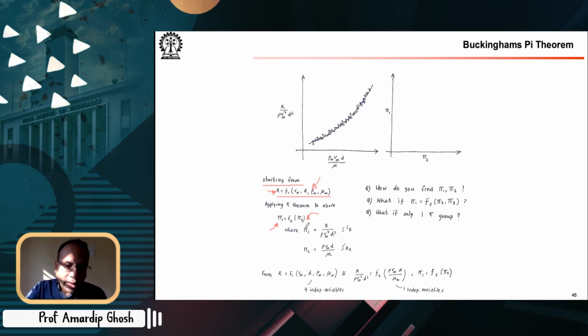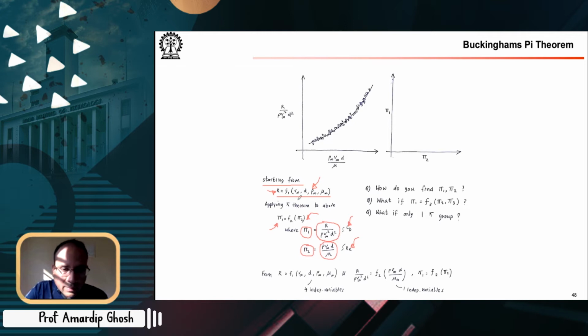And it can be shown from Buckingham's Pi theorem analysis that pi1 is nothing but the drag force divided by rho v squared d squared, where d is the diameter of the cylinder. We are familiar with it, it is some sort of a drag coefficient. On the other hand, this pi2 is nothing but the Reynolds number for the problem, and this falls out of Buckingham's Pi theorem approach.